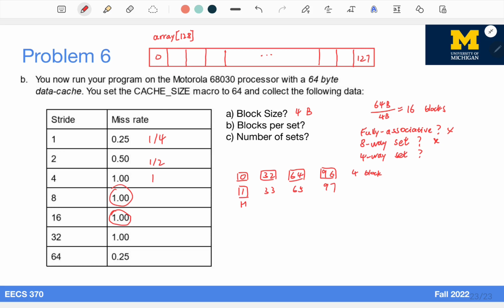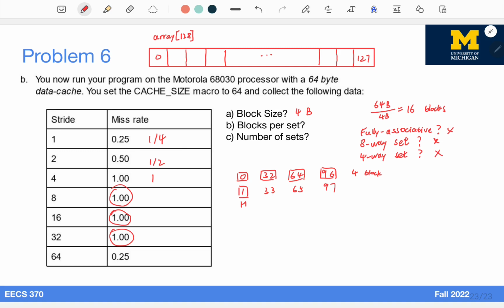And if we use the same process as before to find the miss rate, we will find that the miss rate for stride equals 32 on a four-way set associative cache is 1/4. However, the question still tells us the miss rate is 1. So our four-way set associative cache assumption is not true.